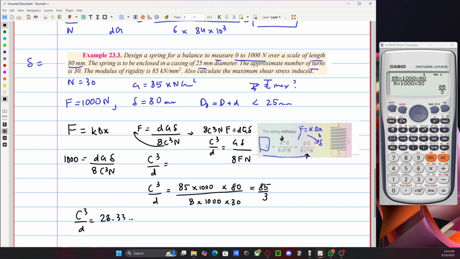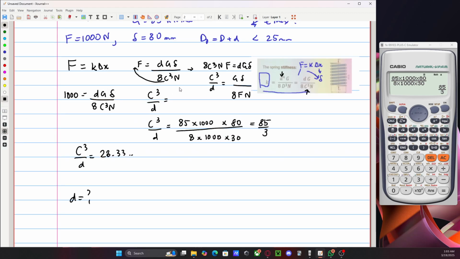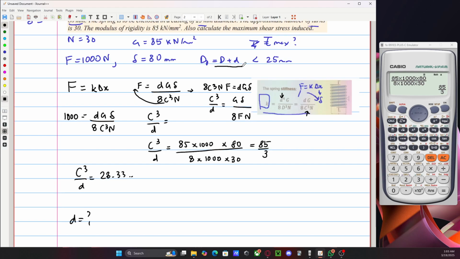It keeps on going. From this, if you remember, we had to assume a length for d. We can assume any number provided that D plus d does not exceed 25. If you remember, the small diameter was less than 5, so anything less than 5 should work.